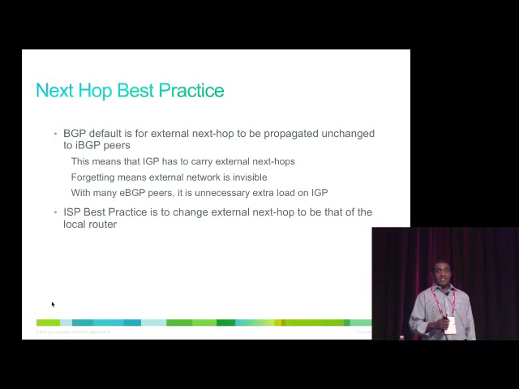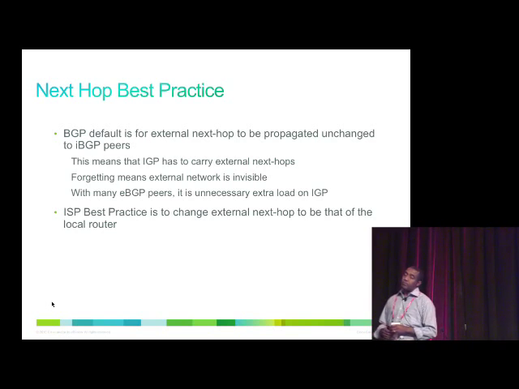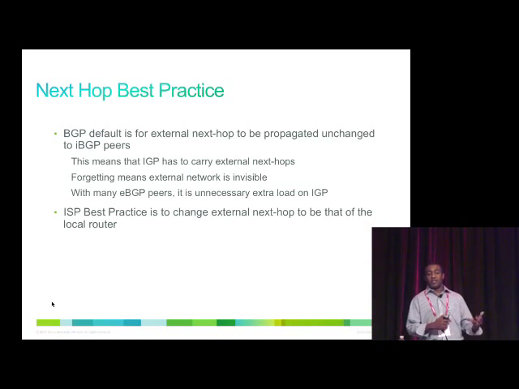But with this, it means that you have to inject the interface address into IGP. But this is a lot of overhead for IGP. It will also create a little bit of instability. So the best option is to change the next hop to the loopback IP address of that router, so the peering router.